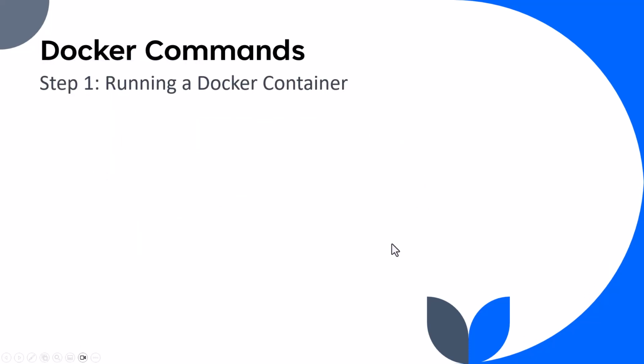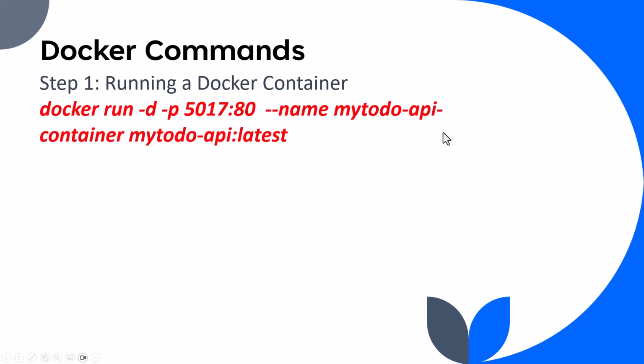So next is running a Docker container. What is the command? docker run -d, that is detached mode, running in the background. And -p, the flag p is port, 5017. This is the port on the host computer, on my computer here, and this is the port on the container.